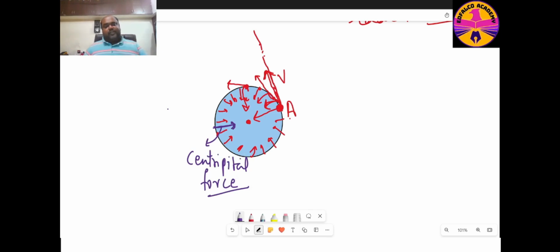This is the force which, at each point in time, is trying to pull the body or the point mass towards the center as it tries to move out along the tangent. So now, since there is a centripetal force pulling it to the center, the acceleration, according to Newton's law, we know F is nothing but mass into acceleration.